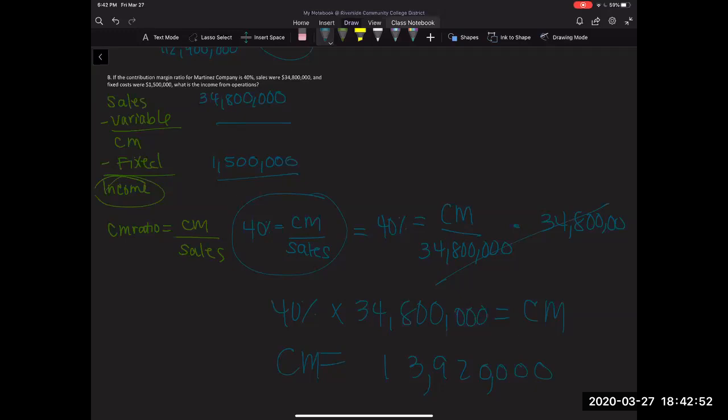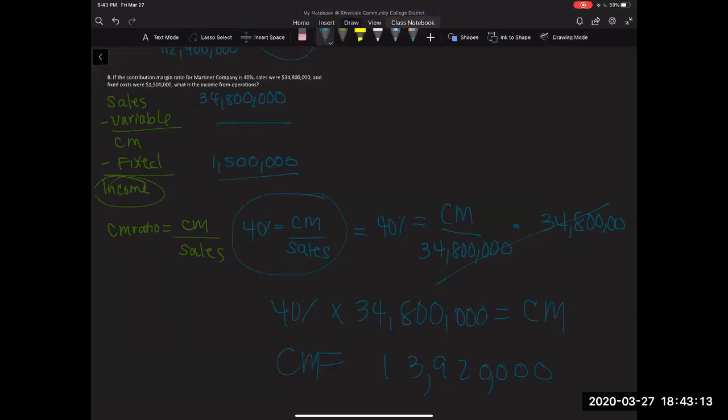I'm going to check my answer. Okay, good. So our contribution margin is 13,920,000.